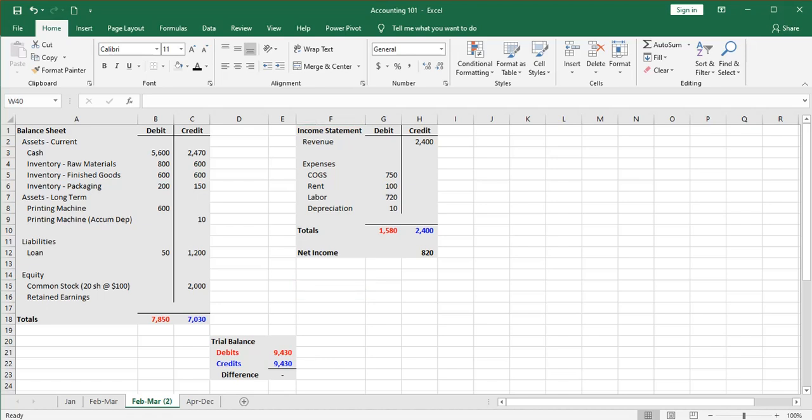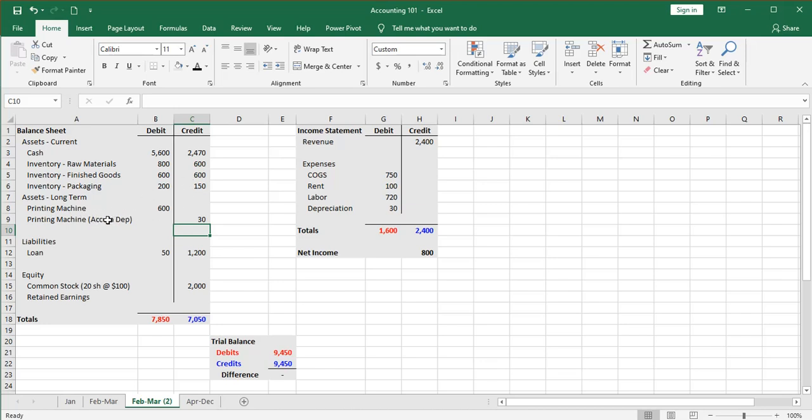The first one is we need to recognize 2 months worth of depreciation. So that's an increase to an expense account. That'll be $20 there. And we'll offset that with an entry of $20 to accumulated depreciation. Accumulated depreciation as an account is no different than any other credit account. It's called a contra account.